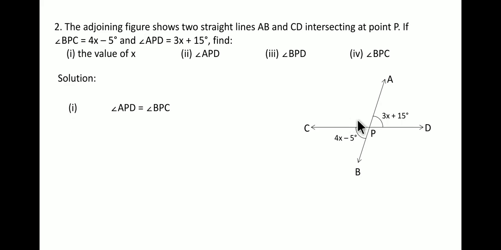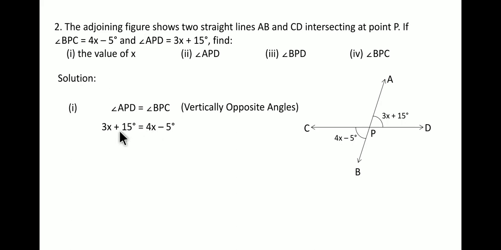So let's look at the solution. Over here, angle APD and angle BPC are equal because they are vertically opposite angles. So let's put the values. APD is 3x plus 15 and BPC is 4x minus 5. So 3x plus 15 is equal to 4x minus 5.